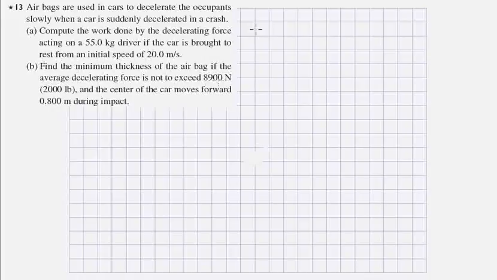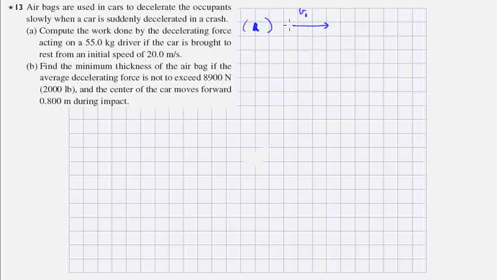Alright, so if the passenger is initially moving to the right at 20 meters per second, let's just symbolize that with V0.